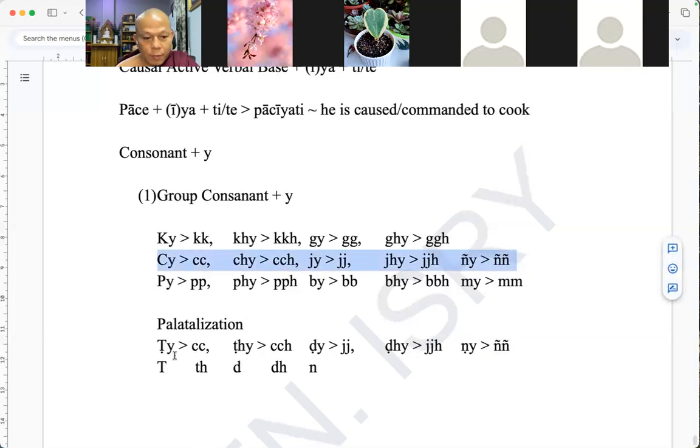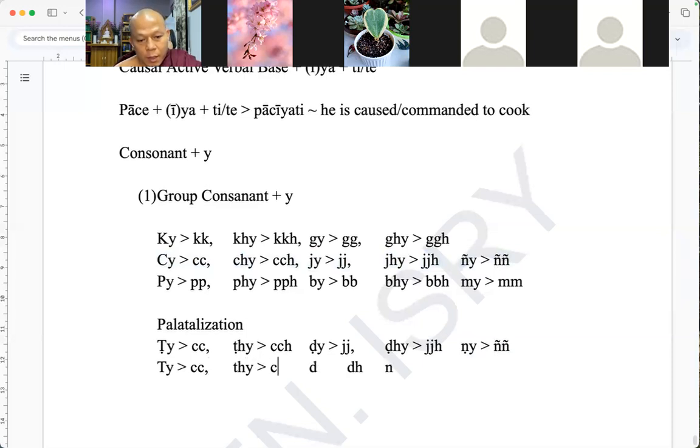The same way for the other one: ta ya becomes ja ja instead of ta ta, tha ya becomes ja cha, da ya becomes ja ja, dha ya becomes ja jha, and na ya becomes nya nya.